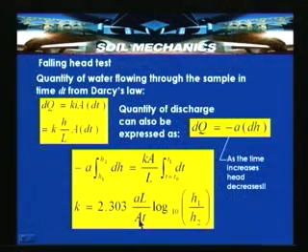Here, a is the area of the cross section of the standpipe, L is the length of the sample, and capital A is the area of the cross section of the soil sample through which the flow is taking place, and T is the time over which the difference in heads H1 and H2 is measured. By repeating this experiment 2 or 3 times, an average value of the coefficient of permeability can be determined.